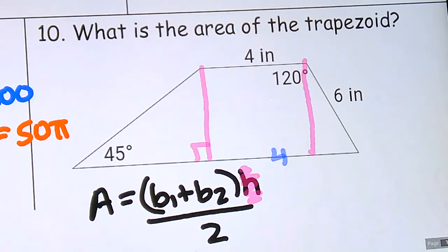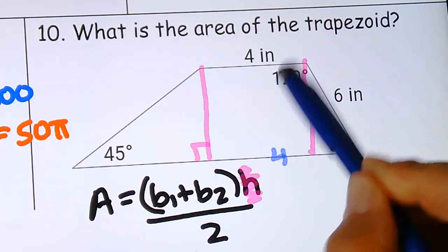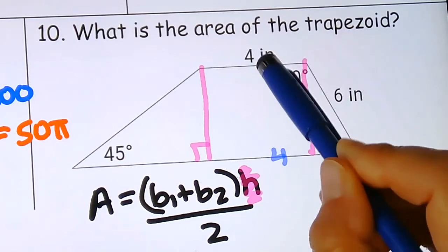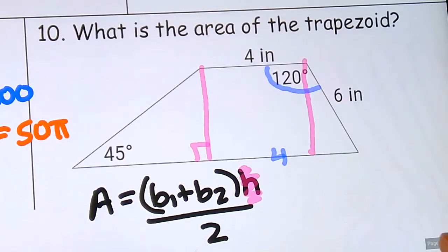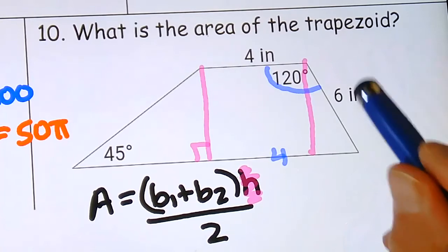We know that this right here, this 120, is really all the way to here. Why is that important?